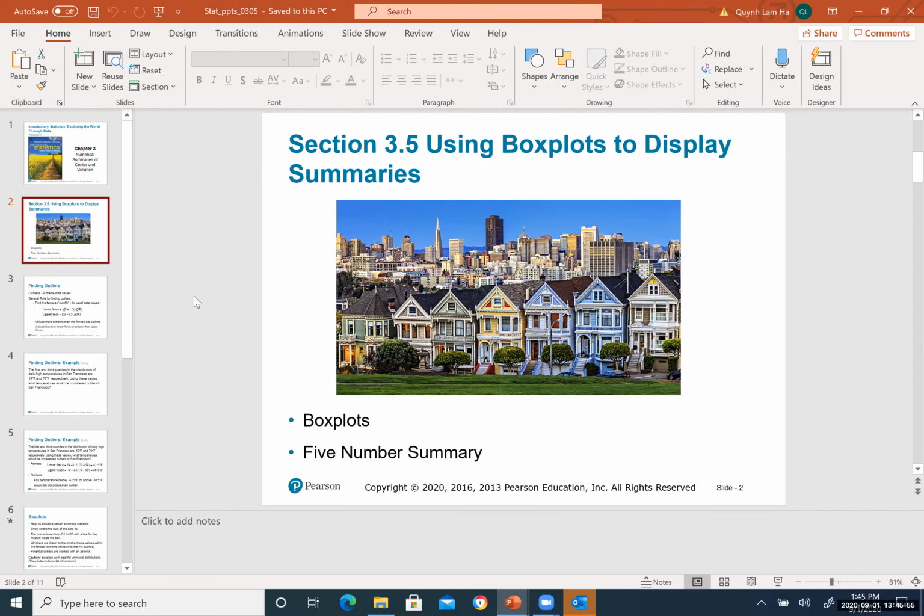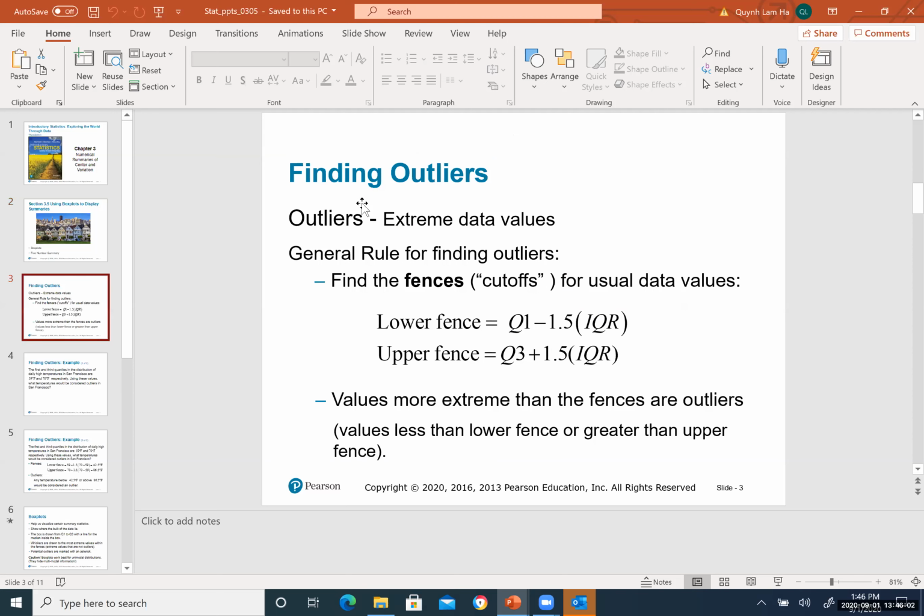The name of this will be the box plot, and you will learn about the 5-number summary. So first, let's take a look at outliers. An outlier is an extreme value, which will skew the whole data if you don't cut it off. So outliers are values that are too far away from the majority of the data set, on either the right or the left side.